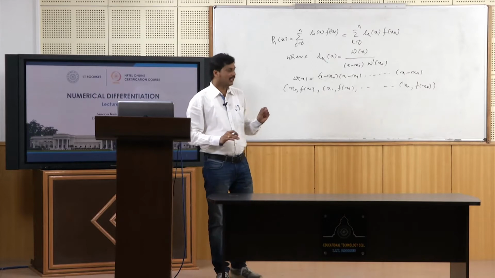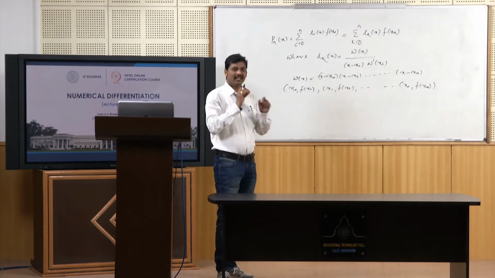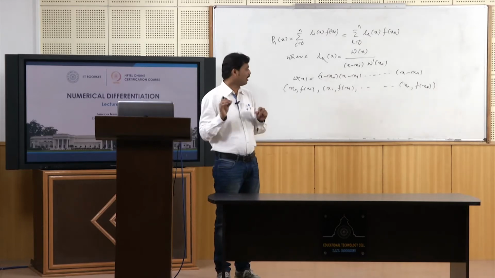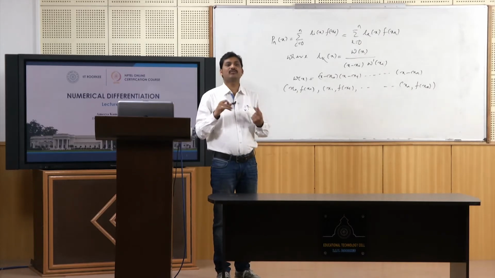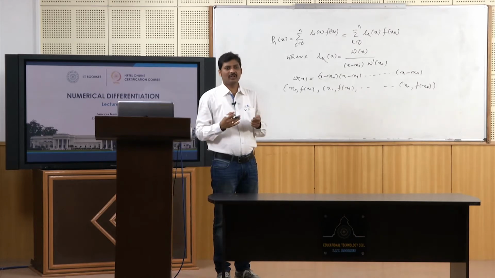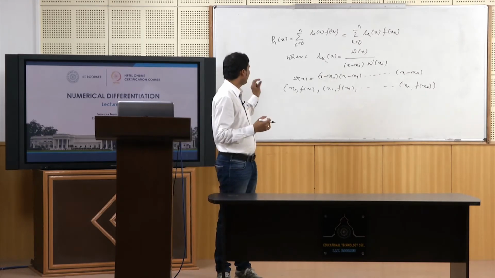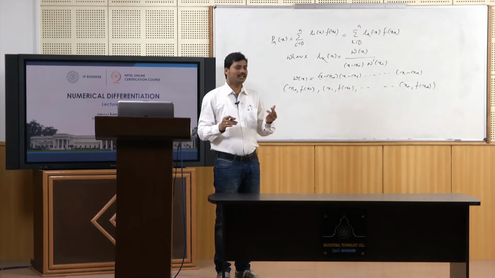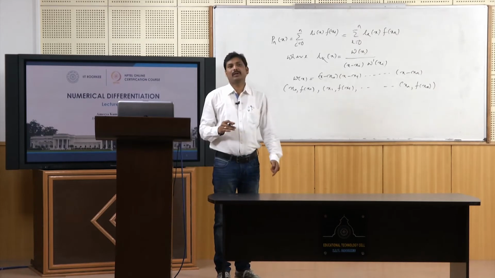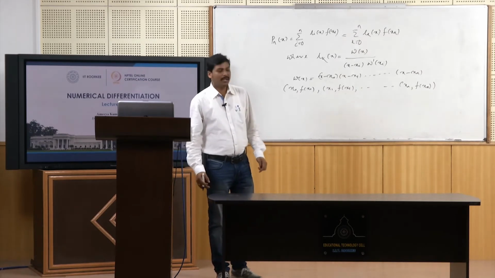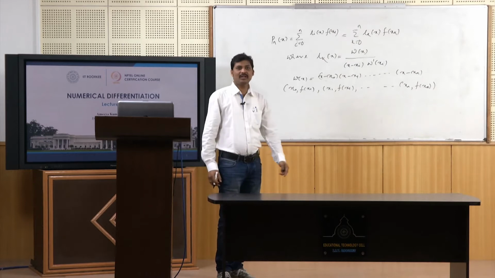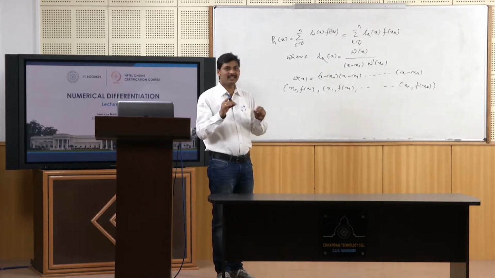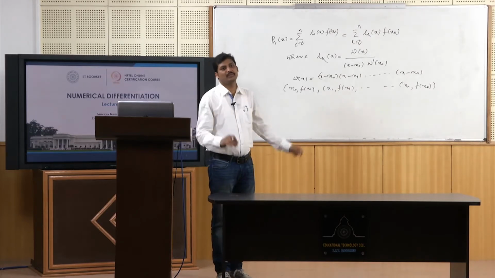This means that if the tabular values have been given like x0, y0, x1, y1 up to xn, yn, where exactly this function is not known to us, then we can approximate this with a polynomial Pn(x), from which we can get the differentiation of this function f(x) at different points, maybe at the same tabular points or sometimes at different points also, which lie within any of the intervals of these tabular points.